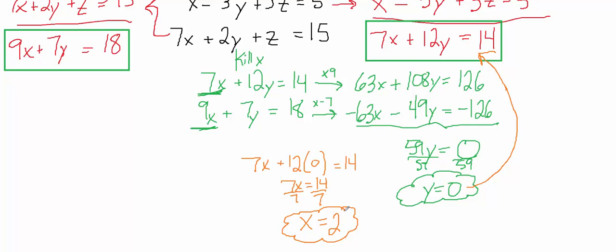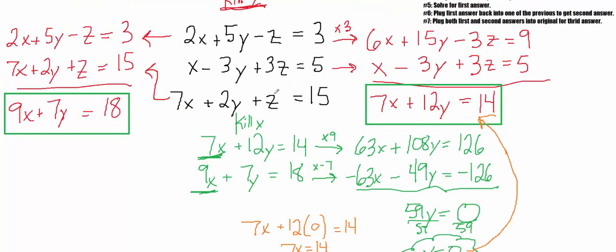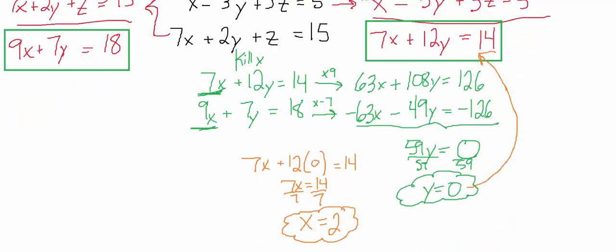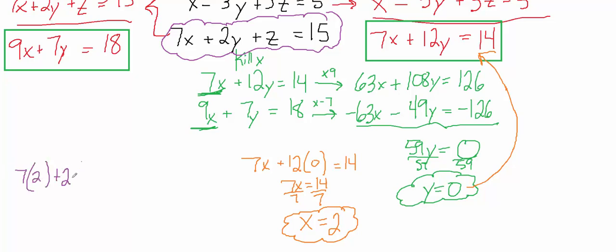We can do that by going back to one of our original equations. Let's see, I'm just going to use this one here. I'll do it in purple. This is one of the originals. And so we're going to plug in 7x. Well, we know x is 2. Plus 2y, we know y is 0. Plus z equals 15.